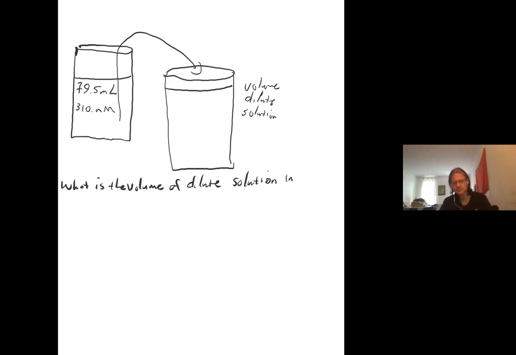In liters. Okay, volume. So they're asking you for the volume. They do give you one piece of information, is that after you do the dilution, this is 42.0 millimolar.